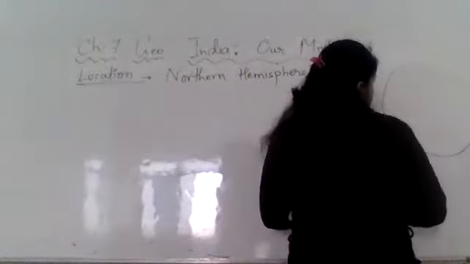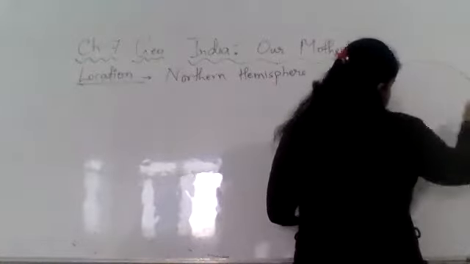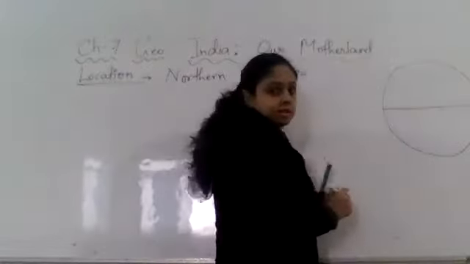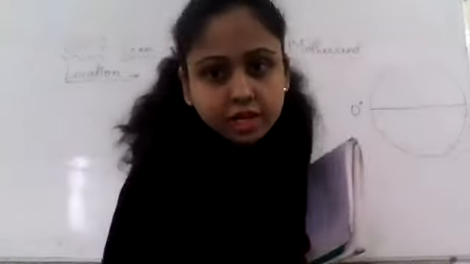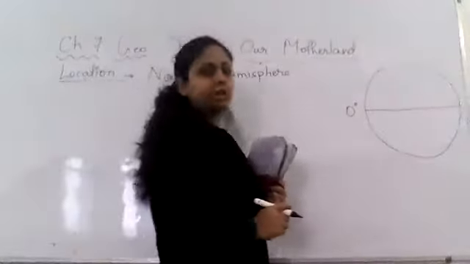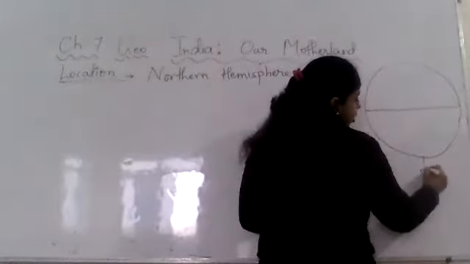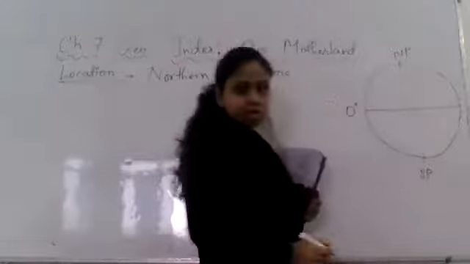This is the earth, and it is divided like this by the equator, which is at 0 degree. Now this side you have the south pole, this side you have the north pole.